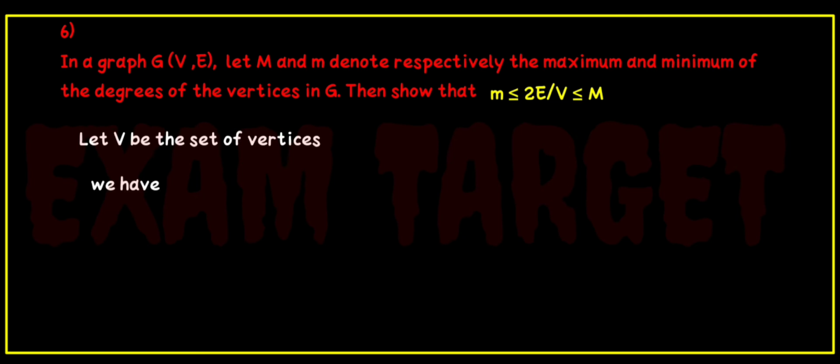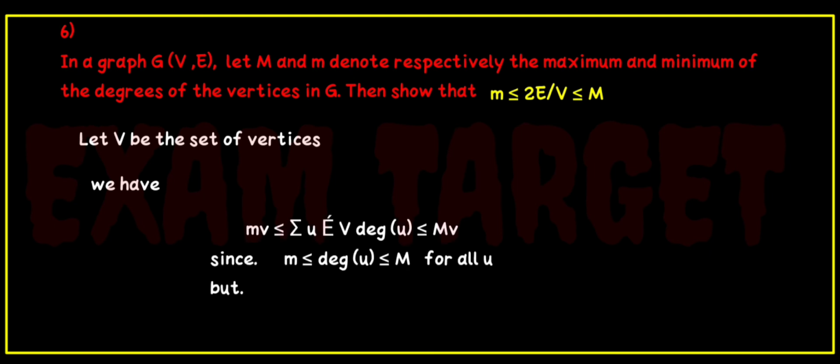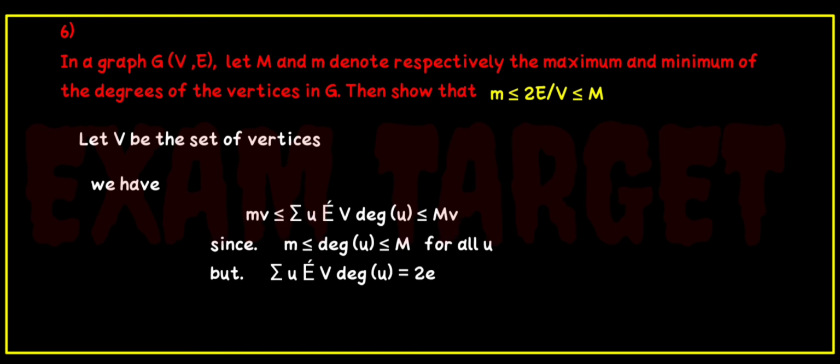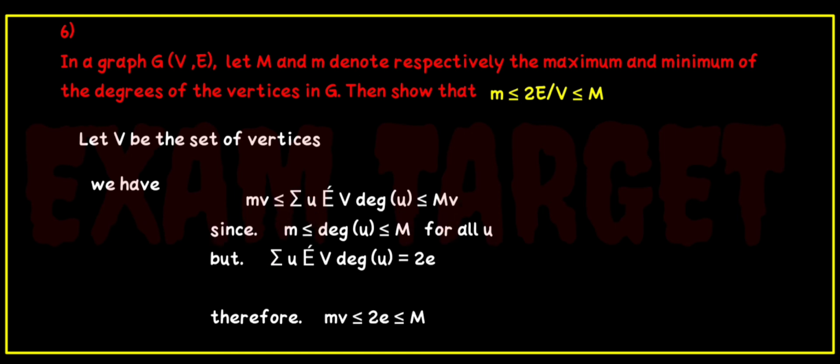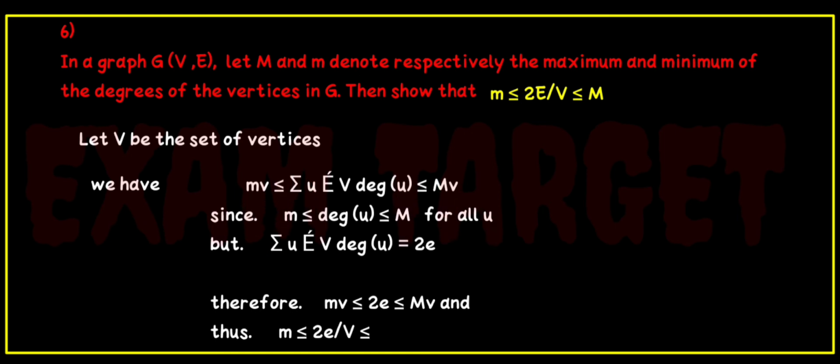We have mV ≤ summation of degree of u, for u belongs to V, ≤ MV. Therefore, mV ≤ 2E ≤ MV. Thus, m ≤ 2E/V ≤ M.